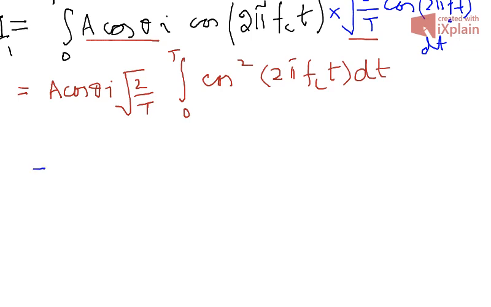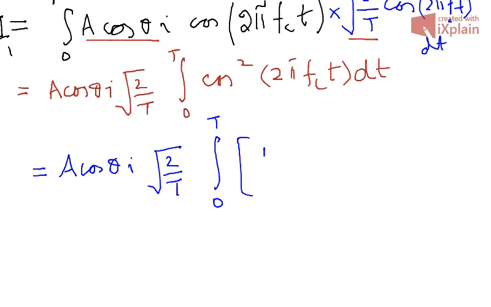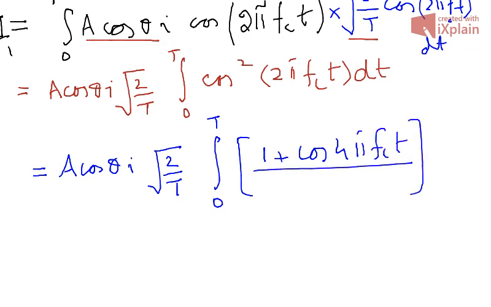So we have a cos theta I under root 2 over T, integral from 0 to capital T, of (1 plus cos 4 pi f c t) over 2.